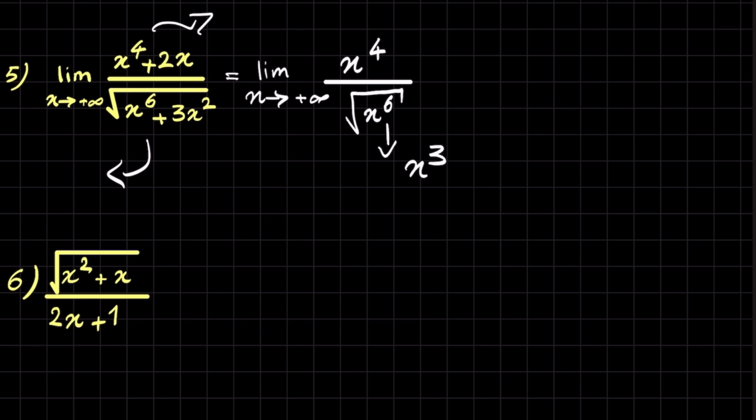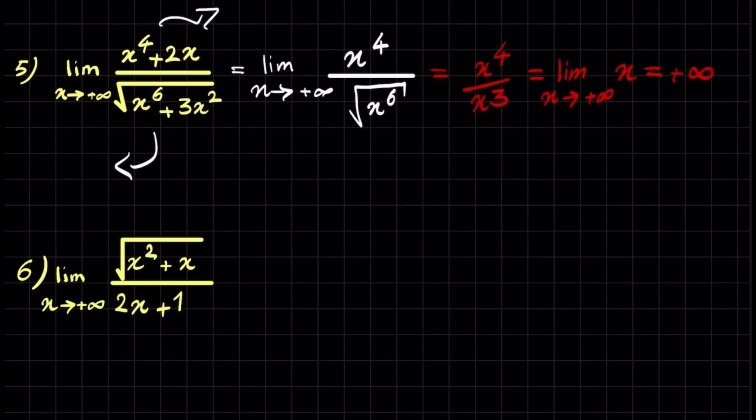We don't need to write down the absolute value for this one, and the reason is we are already applying a positive infinite point. So we're going to write down x to the power of fourth over x cubed, which is going to be x, and it's going to be positive infinite.